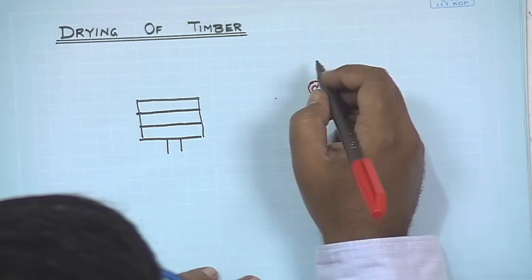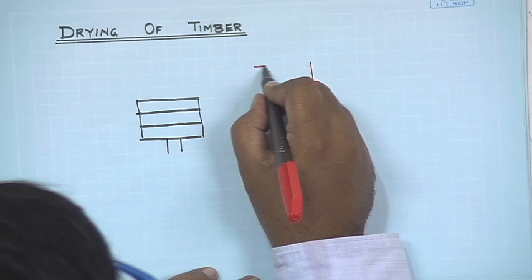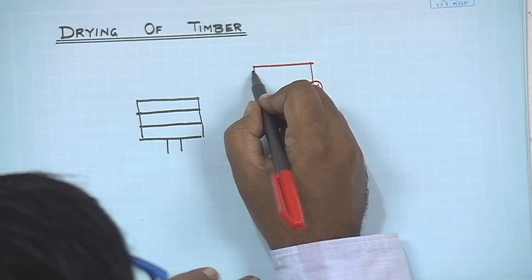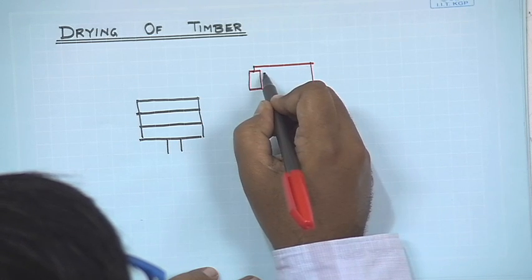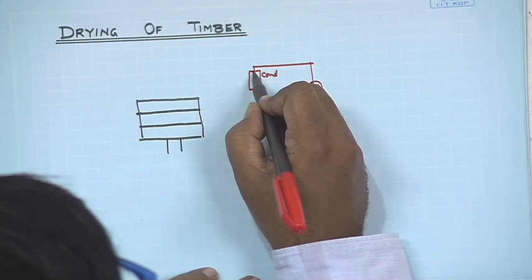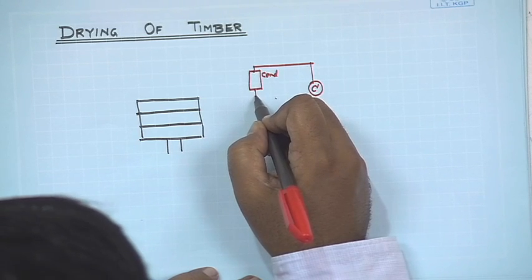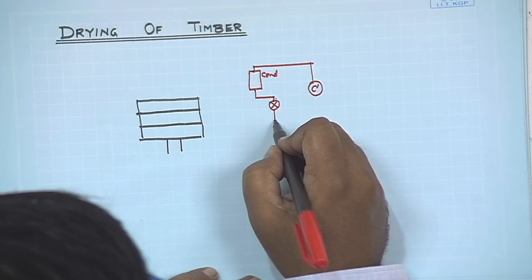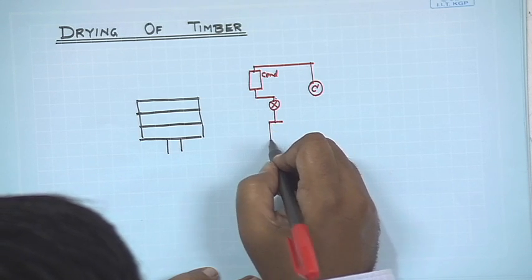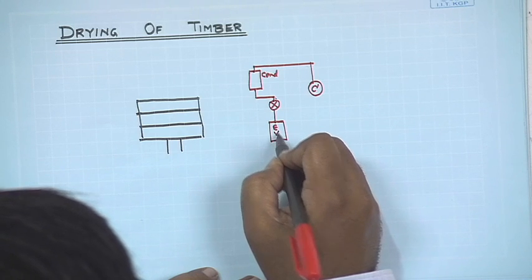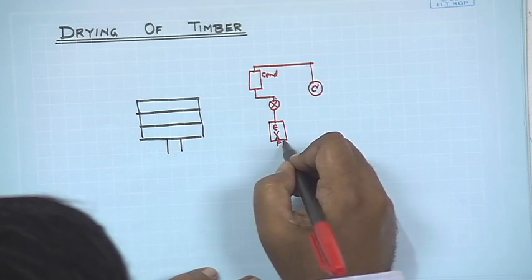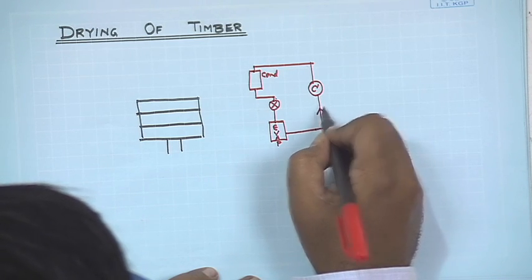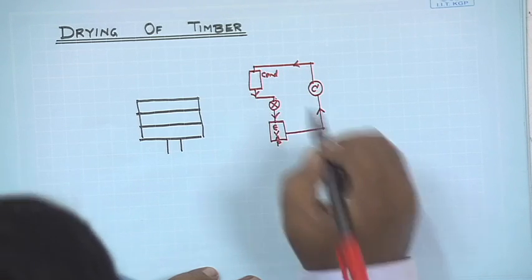Here I have a compressor, here I have my condenser, then my expansion valve, and then my evaporator, and then the outlet of the evaporator goes to the compressor. So this is my vapor compression cycle, as we know.